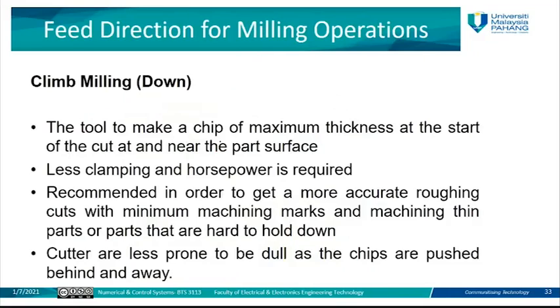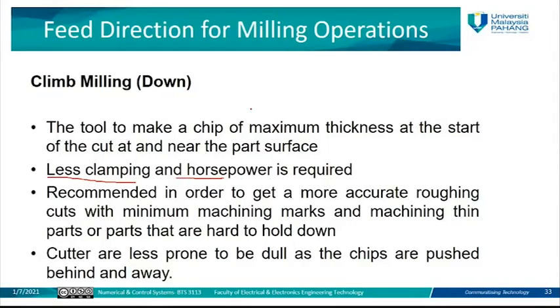Here is just more information about climb milling, which is the down or the up milling. Less clamping and less horsepower is required. So this is among the benefits of using this type of operation.